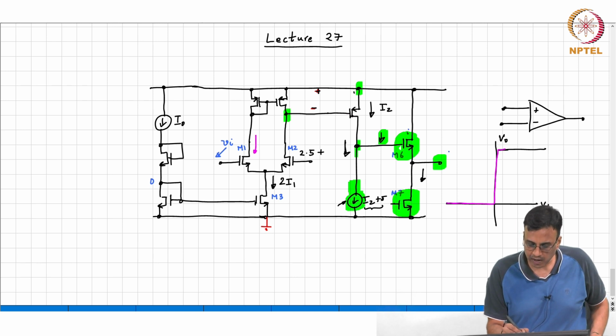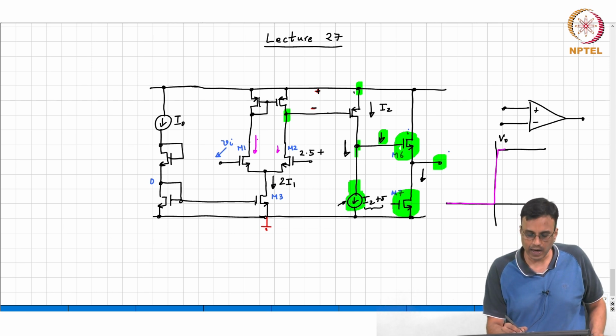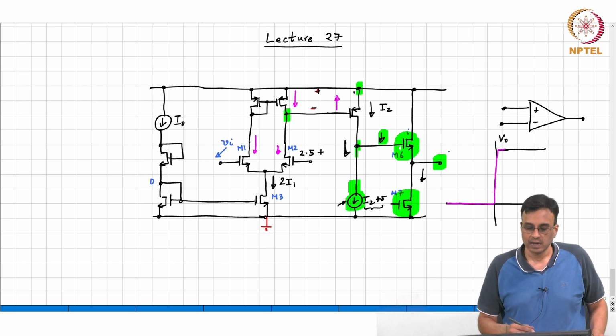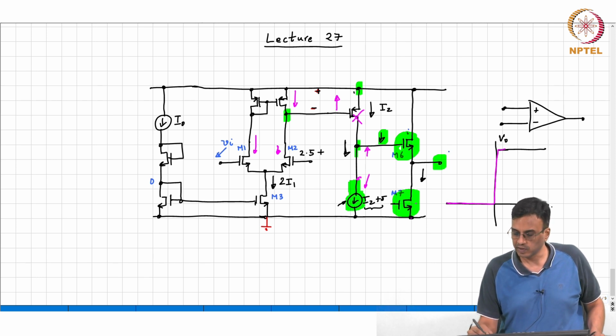If more current flows here and less current flows here, which is what will happen when Vi is slightly positive, then this node voltage will attempt to go up and therefore cut I2 off. If that transistor is off, then I2 is 0. So what comment can you make about that node potential? 0. If this is 0, then M6 is off. If M6 is off, M7 will be in the triode region and the voltage will be 0.